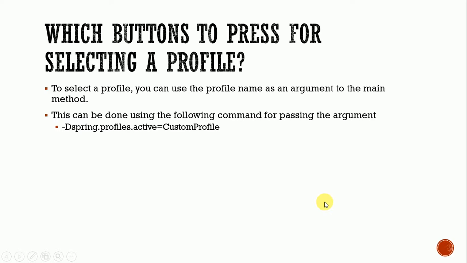So how can we set our application to a particular profile? While compiling or while running the application, you pass an argument to your application, hyphen D spring.profiles.active equal to whatever profile name you have, such as custom profile or dev profile or test profile, whatever makes you happy.